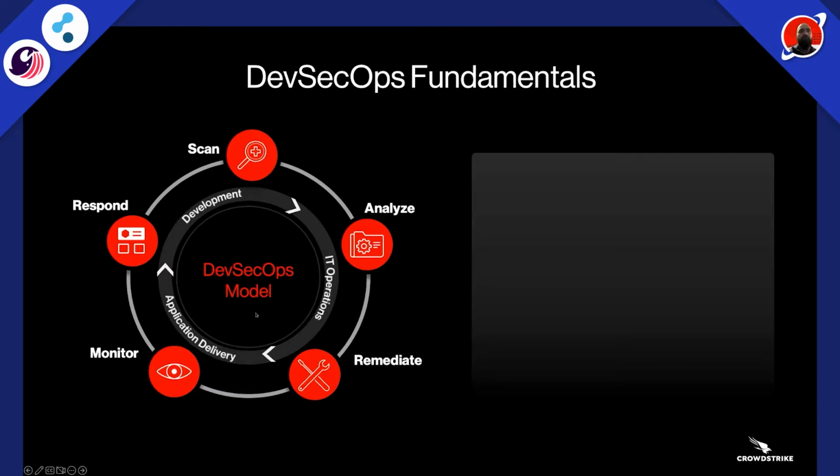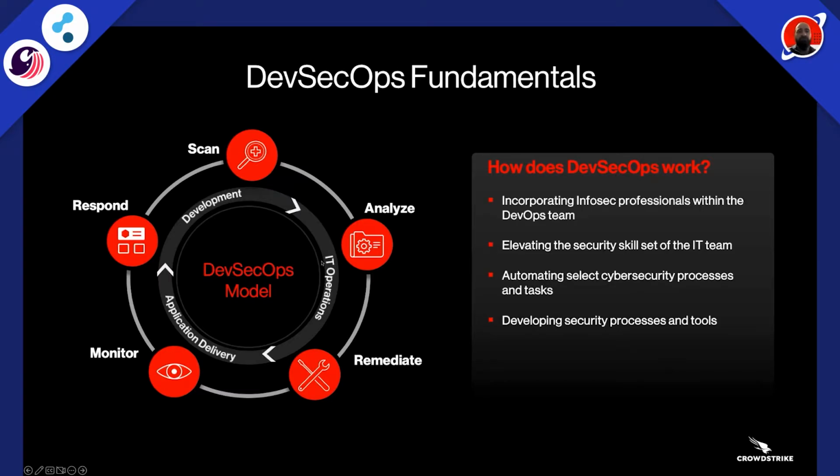So coming back to how does DevSecOps work? In a DevSecOps approach, security is built into every part of the DevOps lifecycle. The key tactics involve incorporating InfoSec professionals or security experts within the DevOps team to oversee the security agenda within the development lifecycle.